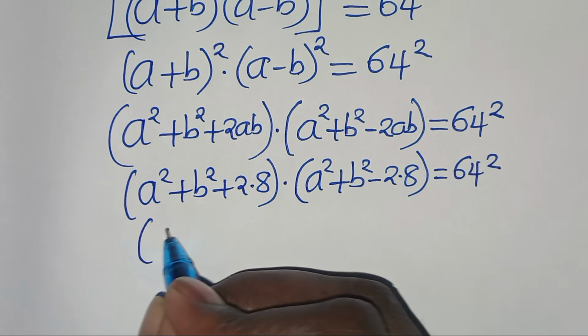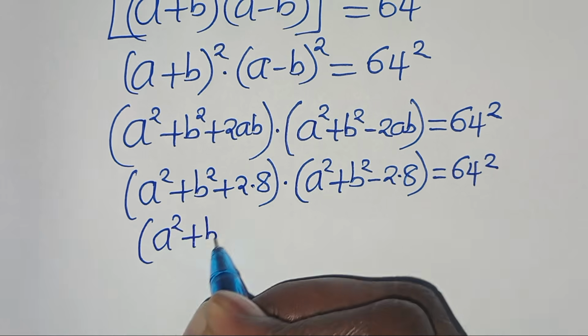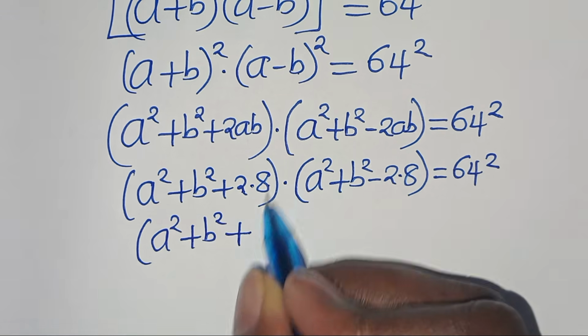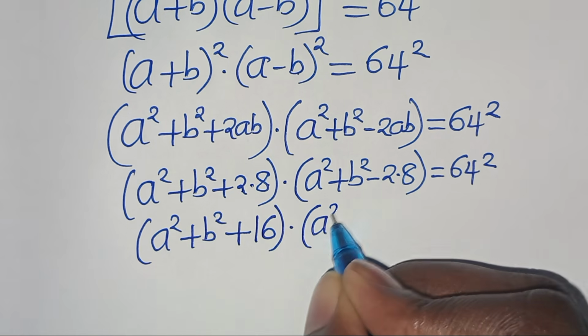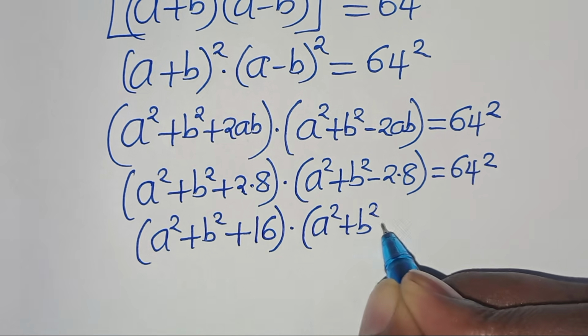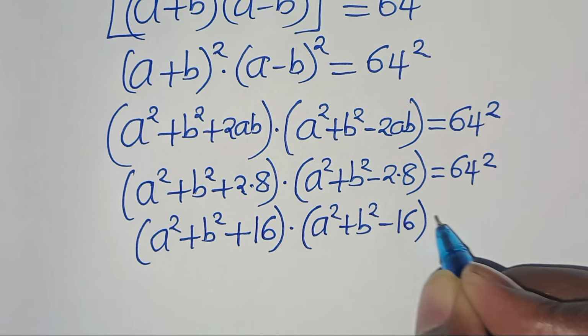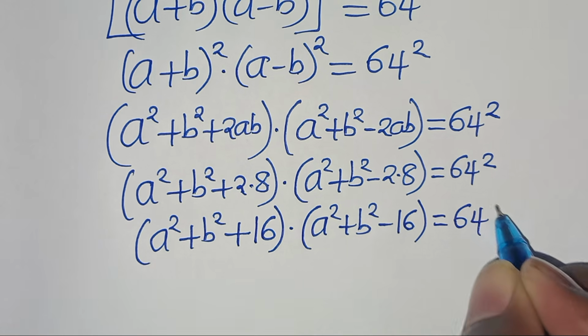Now 2 times 8 is 16, so we have a squared plus b squared plus 16, then a squared plus b squared minus 16, equal to 64 raised to the power of 2.